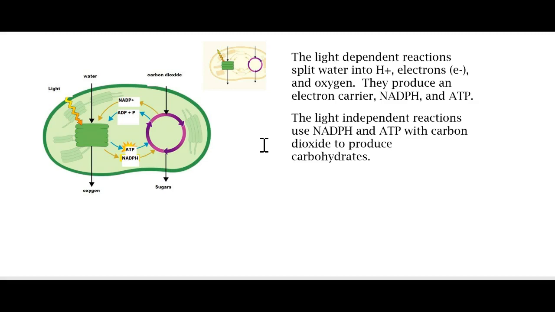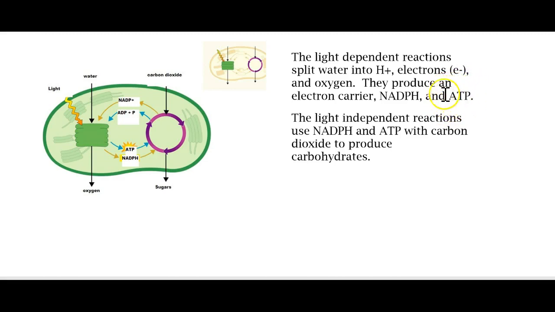Now, what's going to happen is the electrons and the hydrogens are going to be used to produce something known as an electron carrier. And that's very simple. An electron carrier carries electrons. But this electron carrier is a chemical compound, and that chemical compound is known as NADPH. In the process of getting NADPH, we're also going to get some ATP.